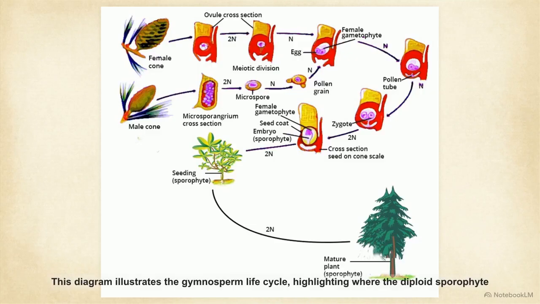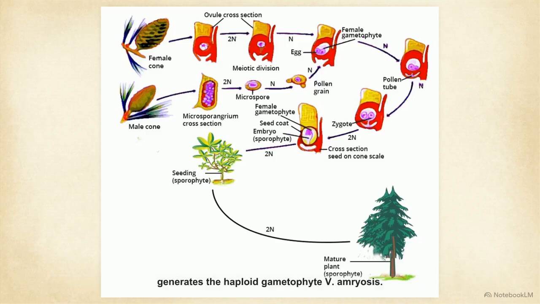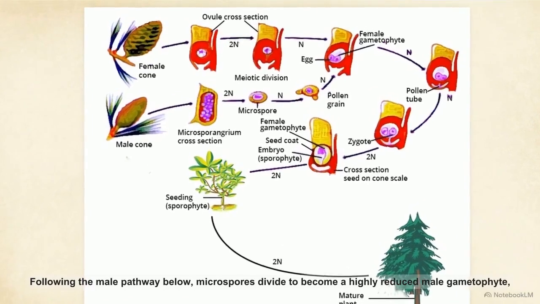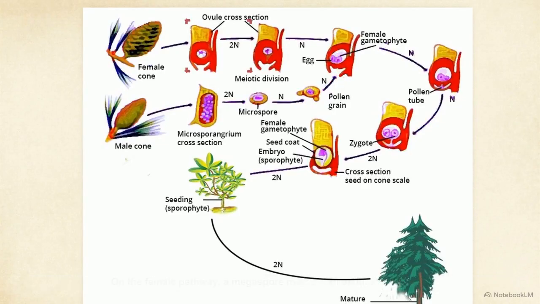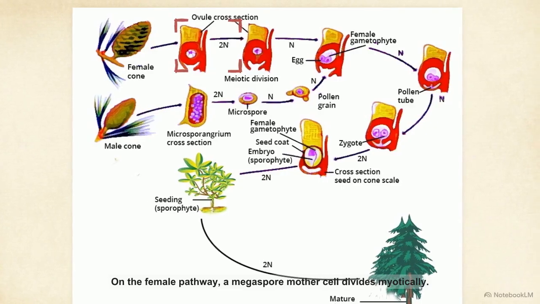This diagram illustrates the gymnosperm life cycle, highlighting where the diploid sporophyte generates the haploid gametophyte via meiosis. Following the male pathway below, microspores divide to become a highly reduced male gametophyte, a pollen grain. On the female pathway, a megaspore mother cell divides meiotically.